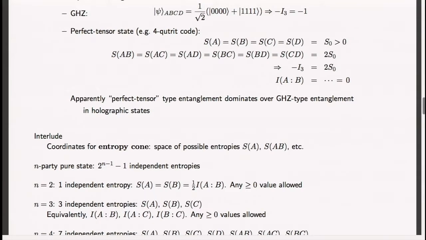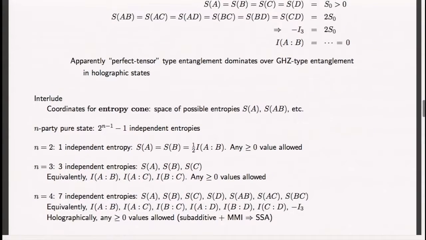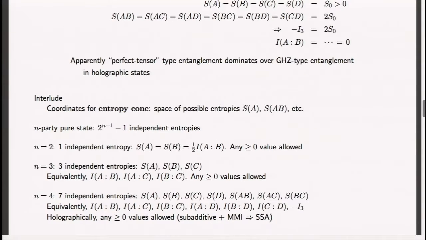Now with 4, there's 7, because I have A, B, C, D, AB, which is equal to CD, AC, which is equal to BD, and so on. So now I have 7 independent entropies, and I can do a change of coordinates to the mutual informations, but there's only 6 mutual informations.